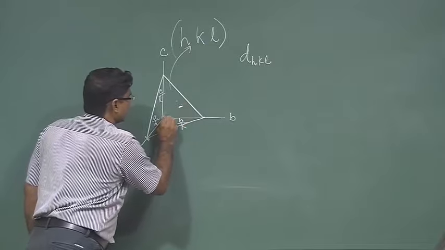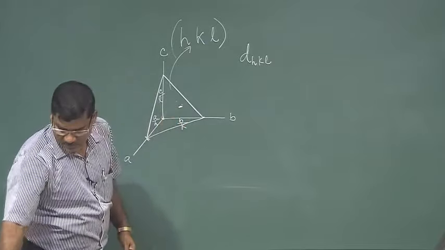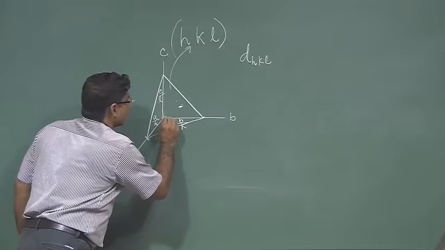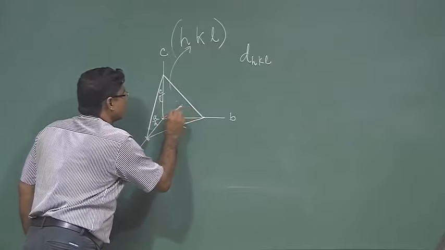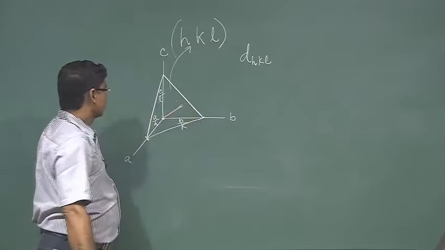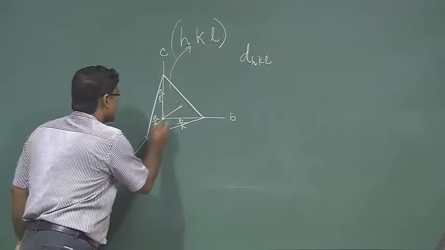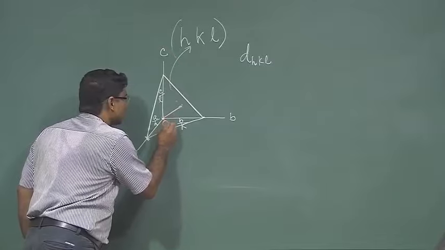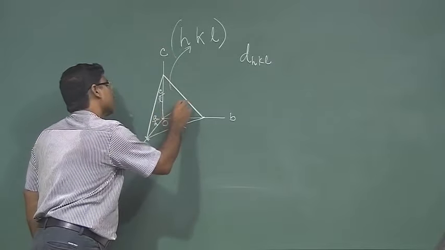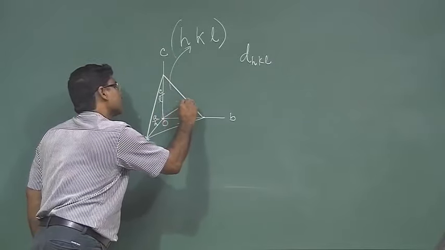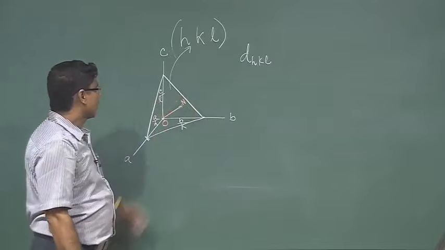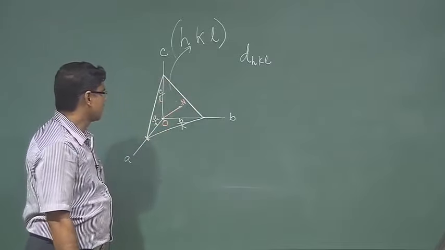So this is the normal on this plane from the origin. Origin is O and this is N, normal on these planes.